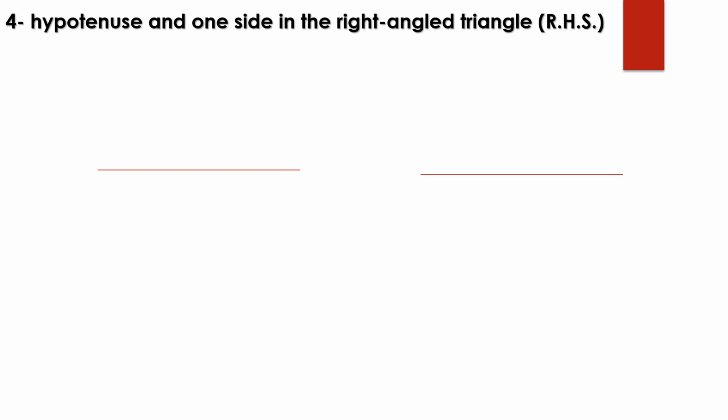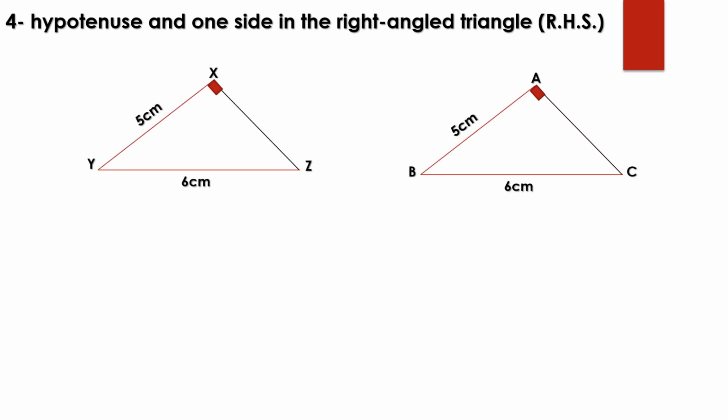The last case, hypotenuse and one side in the right-angled triangle, RHS. This case is only in the right-angled triangle. But first, what is the hypotenuse? The hypotenuse is the side opposite to the right angle in the right-angled triangle.